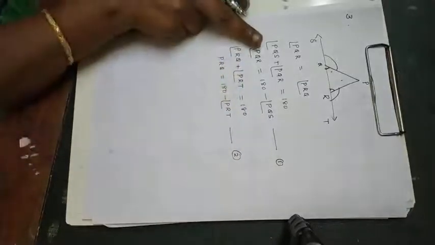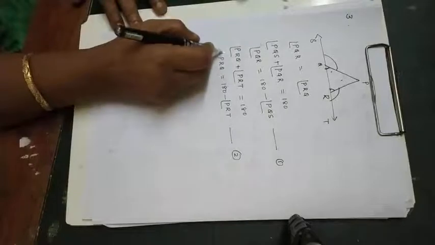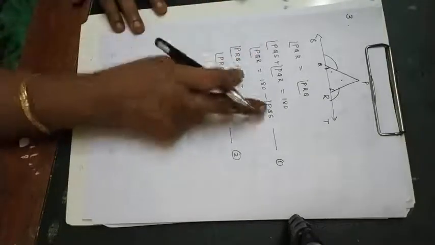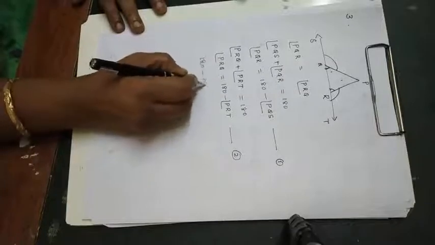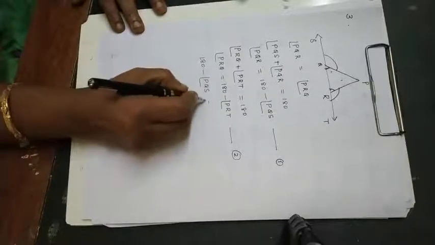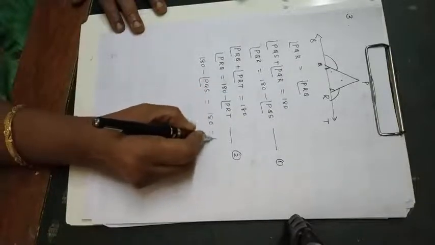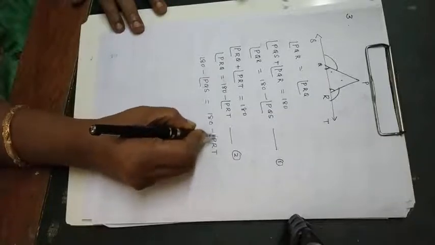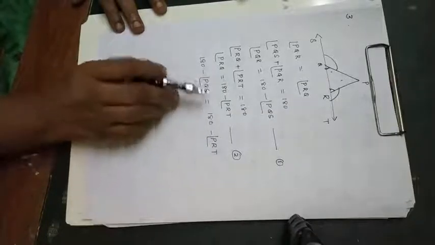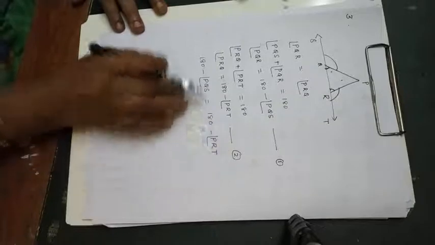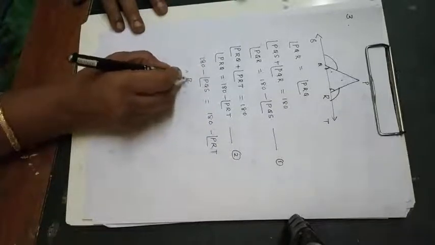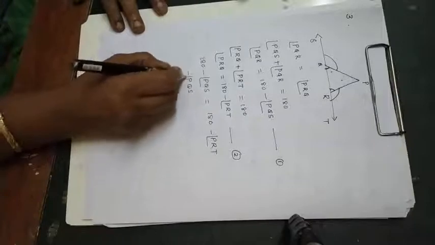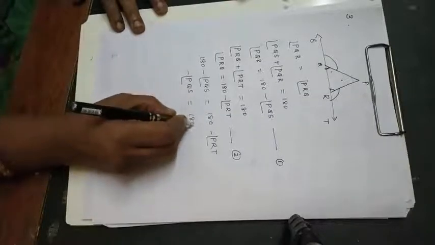Now it is given PQR is equal to PRQ. So these two equal means these two will be equal. So 180 minus PQS will be equal to 180 minus PRT.